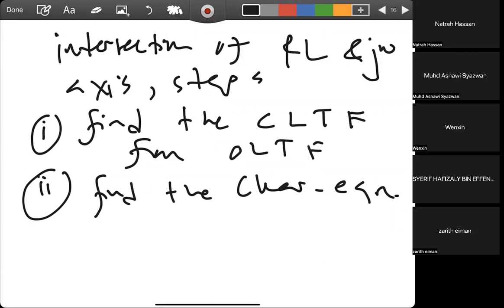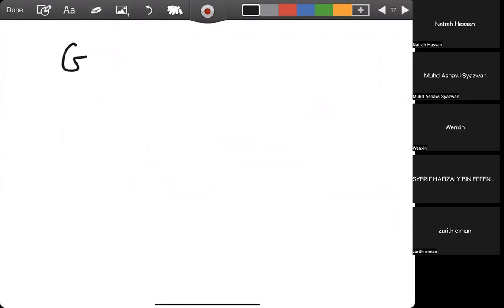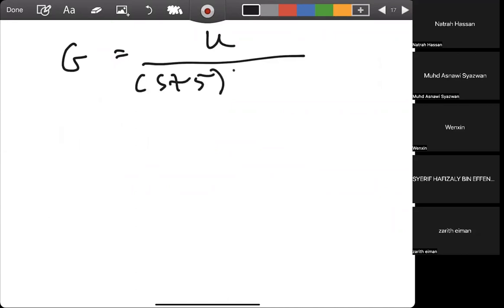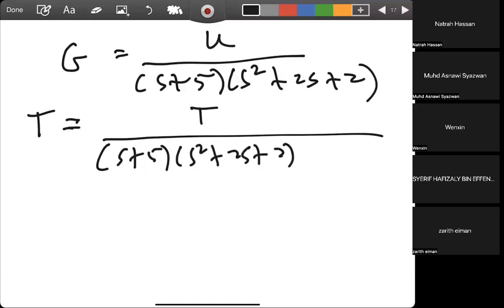S plus 5, S in brackets S squared plus 2S plus 2, plus K, equal to 0.